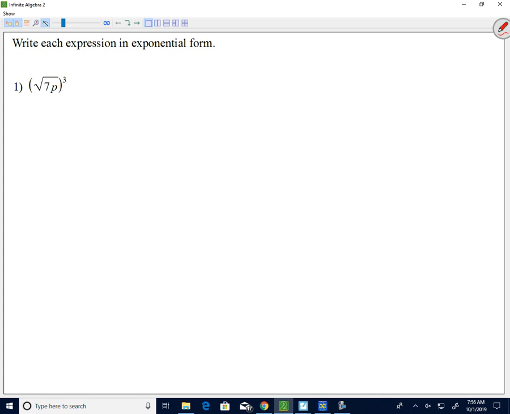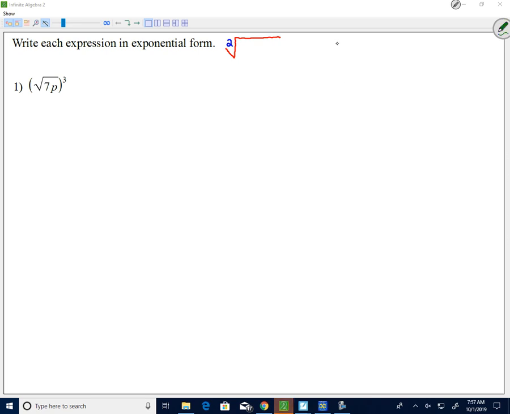So to begin with, it says we're going to write each expression in exponential form. Here are some notes that you need to understand. When you have the square root symbol, the number that's understood to be the root is 2, because when we square something, we take it to the second power. When we take the square root, we're undoing the second power.